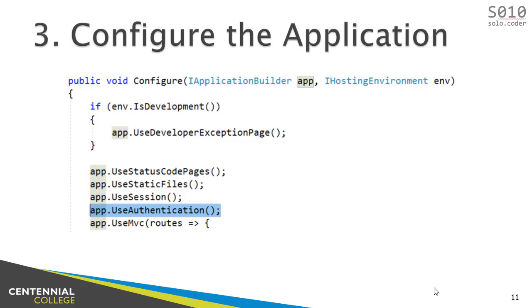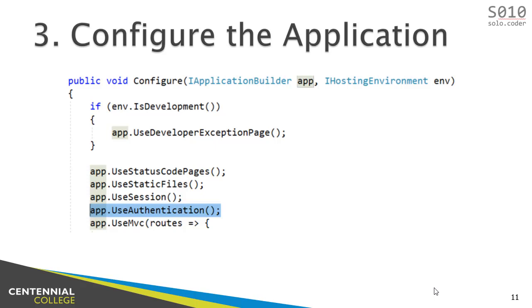log into the application. So again, in the configure method of our startup, we have to make sure that we add the app use authentication method as well. So we are adding authentication to our application builder, to our application, okay? As we had done with MVC in other parts here as well.